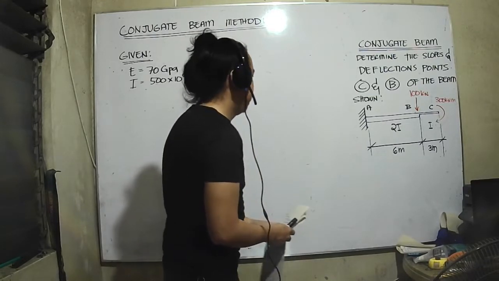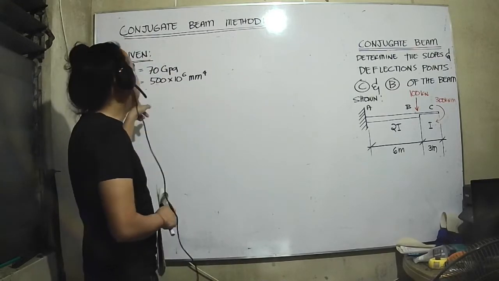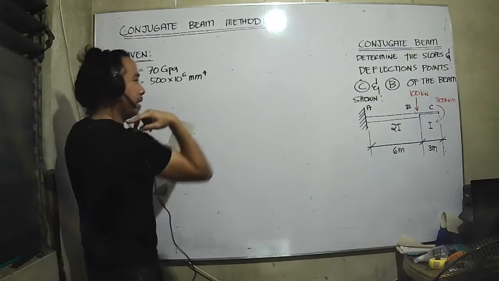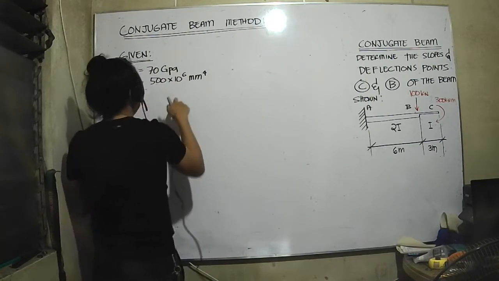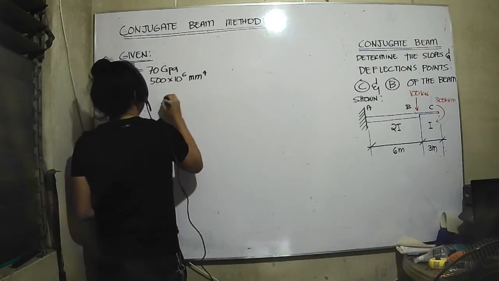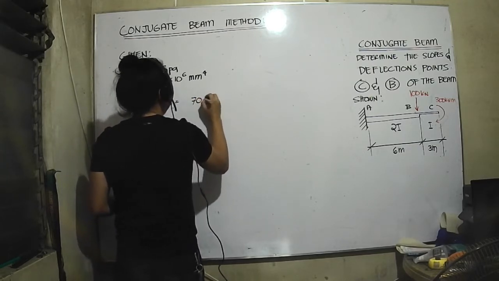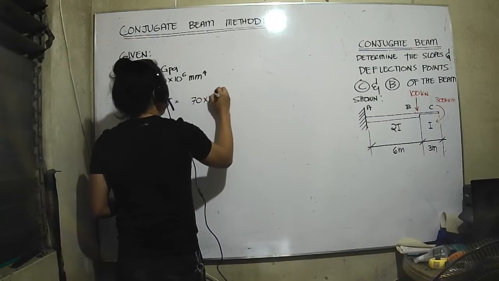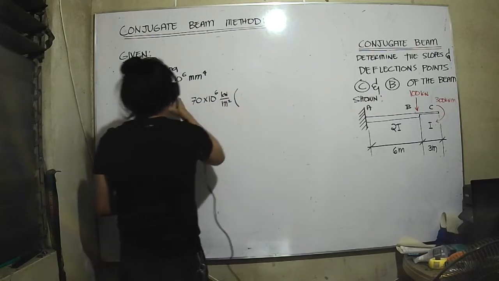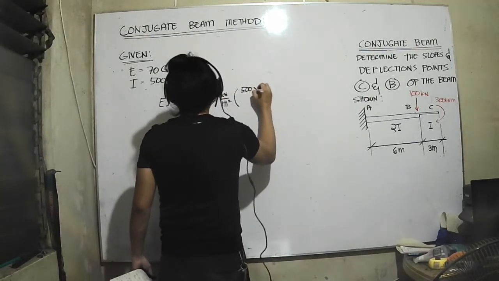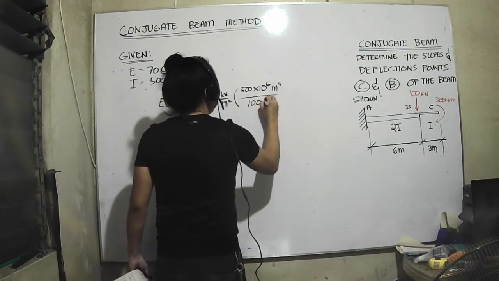Now, how do we deal with this? First, let's clear up our given values and list them down. We have E equal to 70 GPa and I equal to 500 times 10 to the power 6. So EI is 70 GPa, which is 70 times 10 to the power 6 kilonewtons per meter squared, multiplied by I, which is 500 times 10 to the power 6 mm to the power 4 divided by 1000 to the power 4.